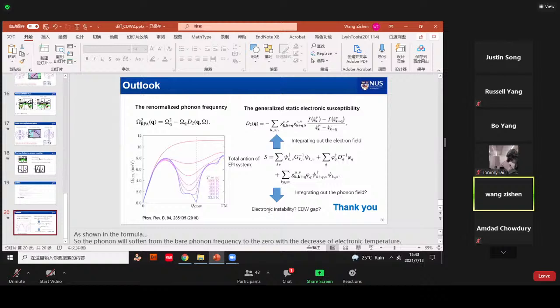So can we obtain some indicator of the electronic instability? Oh, I see. So you're calculating the phonon softening via a phonon self-energy that was coming from the electrons, and you're wondering if there could be a similar thing happening for the electrons themselves. I see. Okay, thanks.